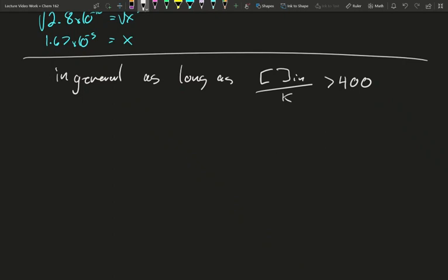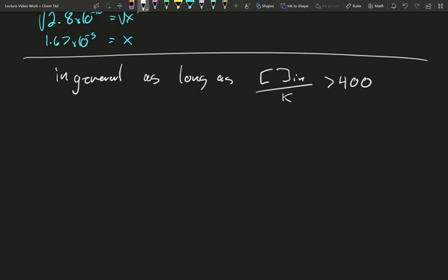The closer to 400 you are, the greater the error will start to become between the simplified versus the quadratic calculation. But if you are more than about 400 times this ratio, then the error will be so small compared to the starting concentration that we won't significantly notice it.